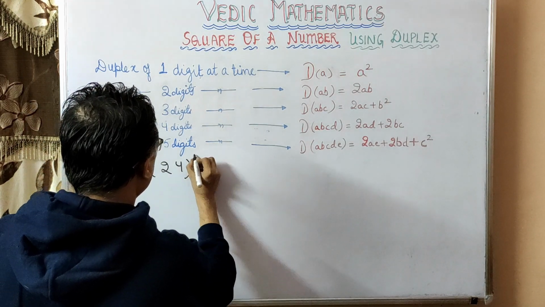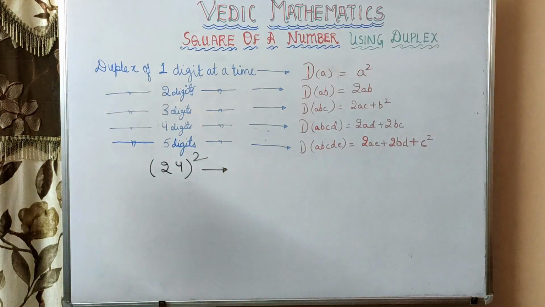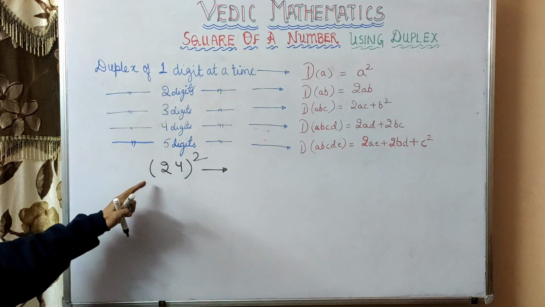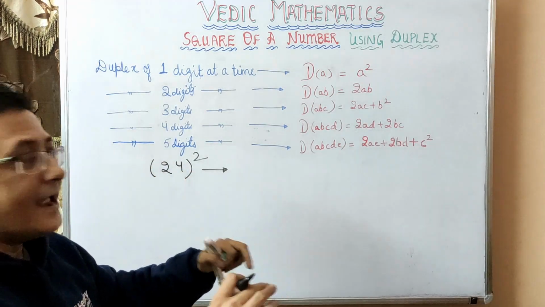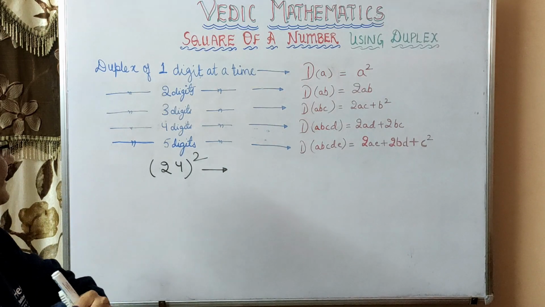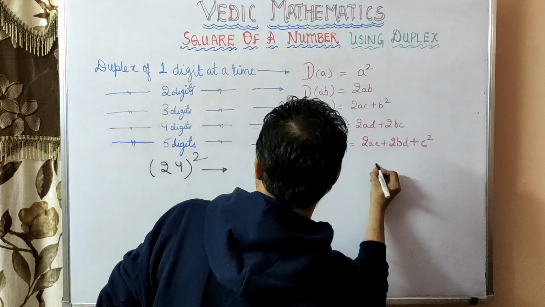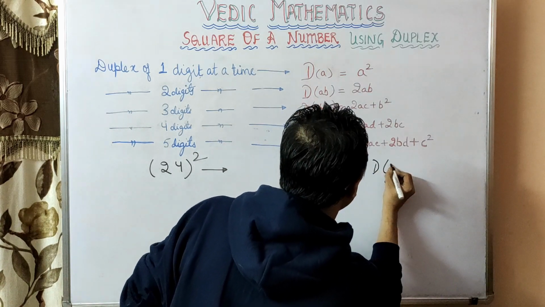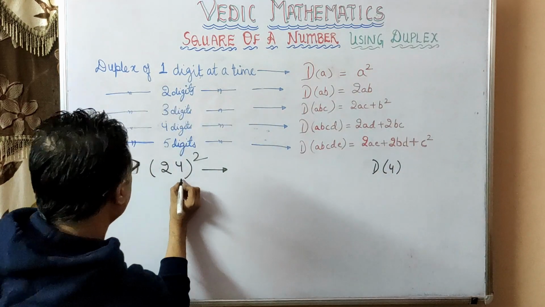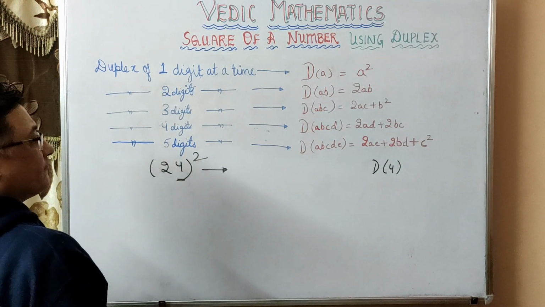So let's say we have to calculate the square of 24. How will the answer come? There is a path and you have to learn that path. The path is like this. First, in the first step, you calculate the duplex of 4.